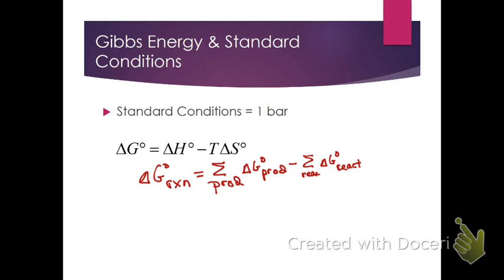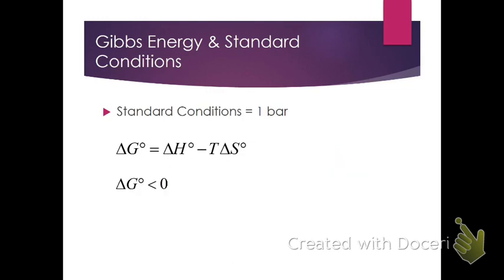Now the question would be, once we've calculated that and find delta G naught for the reaction is less than 0, does that mean the reaction is spontaneous, going from reactants to products? And the answer is no. We'll talk about this in more detail later when we talk about equilibria.